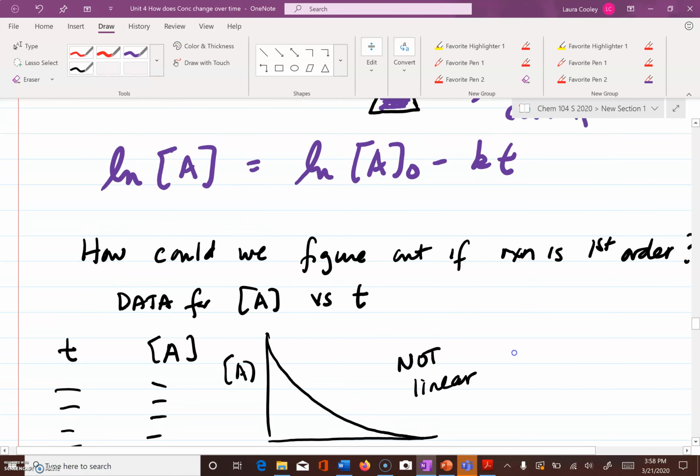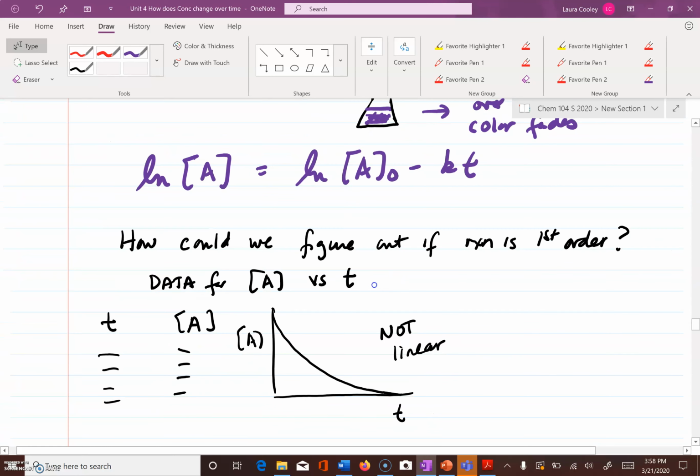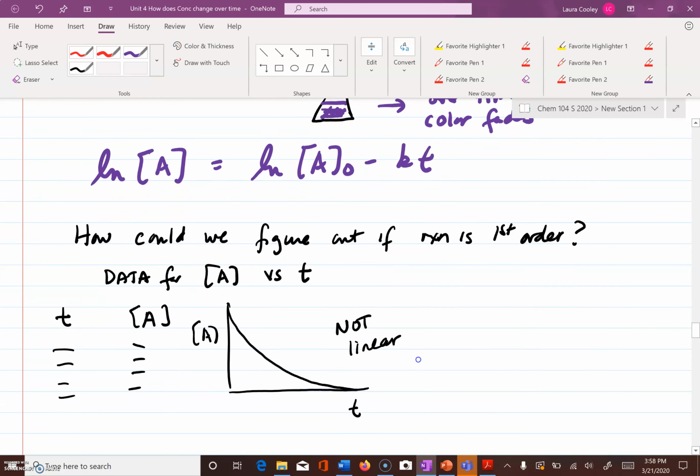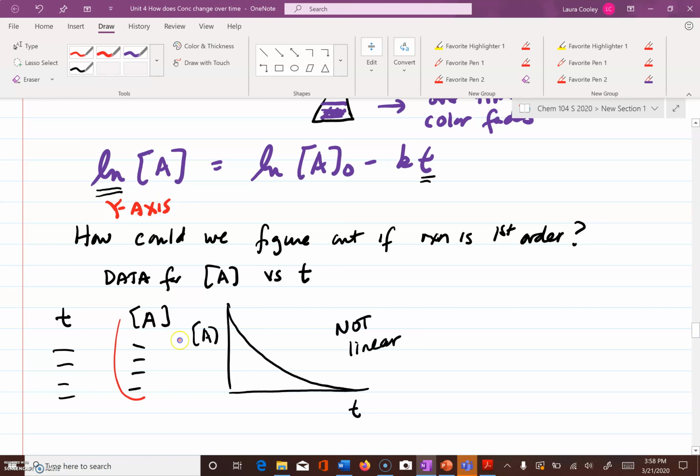But if we take a close look, as I've been promising for a while now, at this equation, if you actually graphed, instead of the concentration of A, the natural log of A versus time, so you put this on the y-axis and time on the x-axis, we see that there is a linear relationship between the log of A and time.